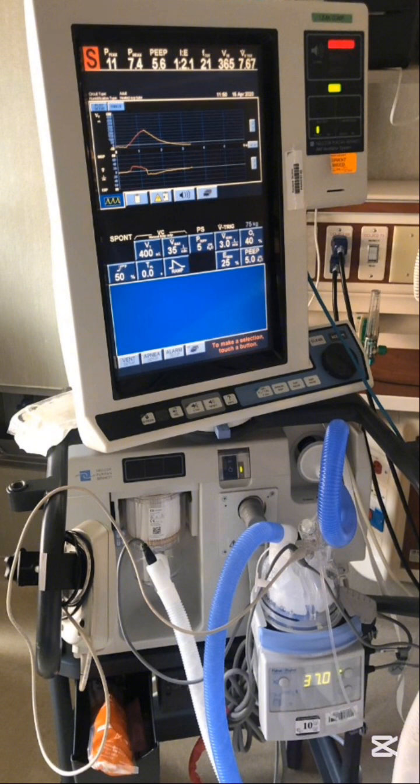So conditions that cause increased work of breathing, like I told, asthma, chronic obstructive pulmonary disease, then there can be severe pneumonia, cardiogenic pulmonary edema, or ARDS. In all these situations, when you see the patient in distress, with increased work of breathing, you have to put the patient on mechanical ventilation.